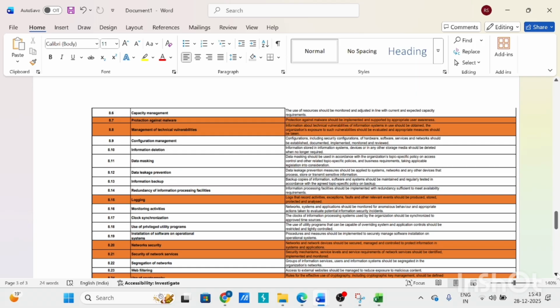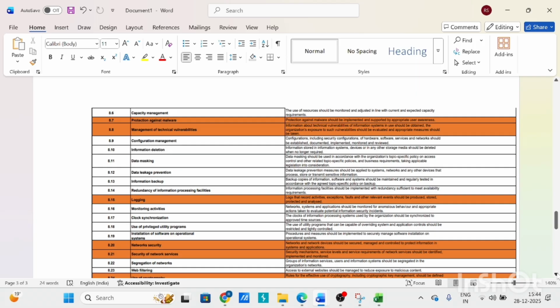Installation of software on operational systems: procedures and measures should be implemented to securely manage software installation on operational systems. 8.20 comes under the network security part, where networks and network devices should be secured, managed, and controlled to protect information in systems and applications. 8.21 talks about security of network services: security mechanisms, service levels, and service requirements of network services should be identified, implemented, and monitored.